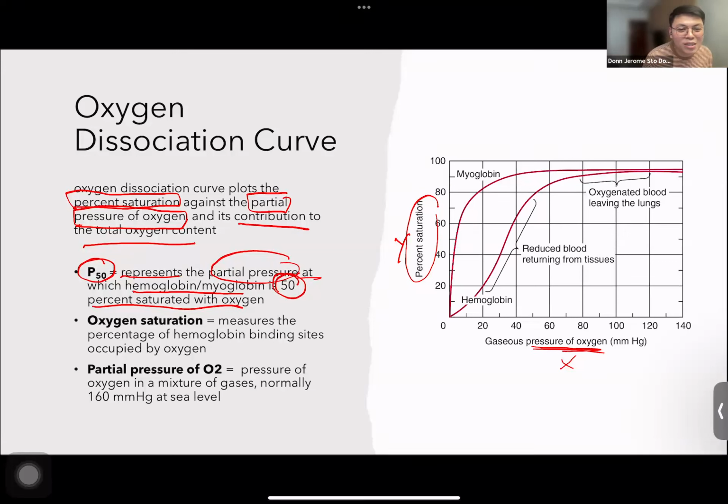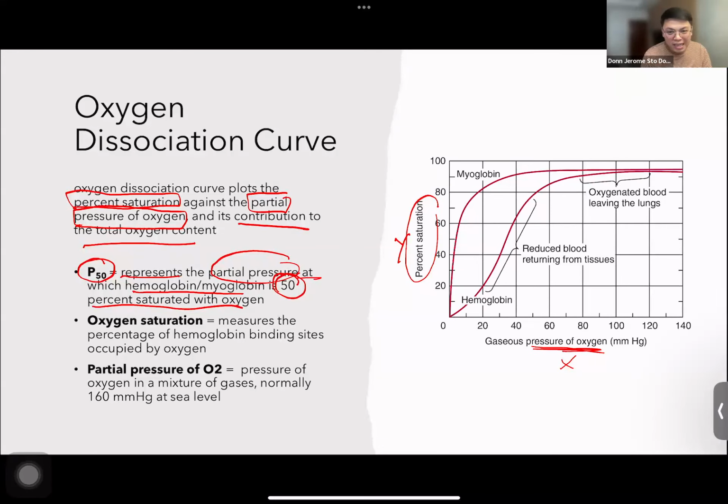Sino ang katumbas niya dun sa Michaelis-Menten curve? Yung KM po. Correct, no? Your KM. Di ba? Ano nga uli ang definition natin ng KM? KM is the substrate concentration in which your enzyme is 50% saturated. Tama ba? Yun ba yung KM? Di ba? So, ganun din dito.